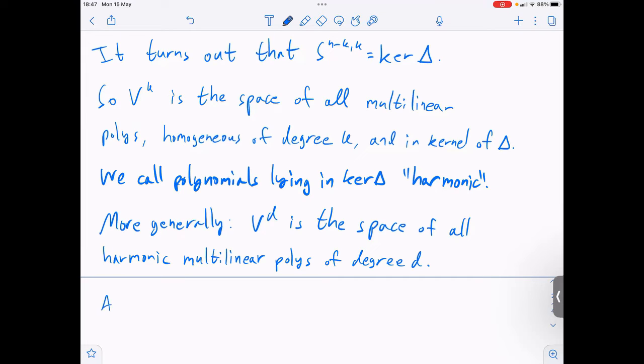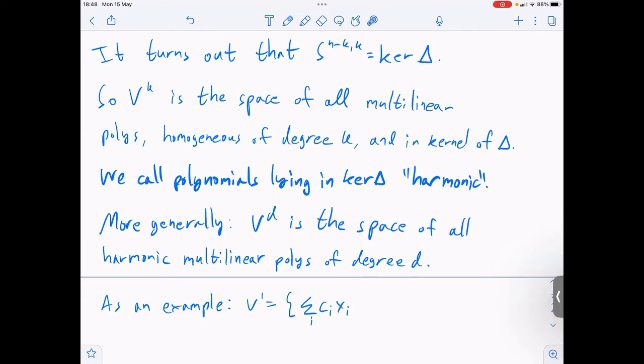So as an example, we won't do V0 because V0 is just all constant functions. But V1 is the collection of all functions of the form sum of Ci xi. So I remind you that xi is just one of the inputs.